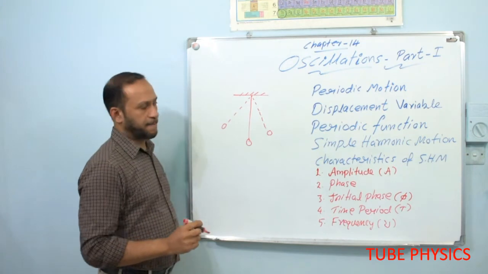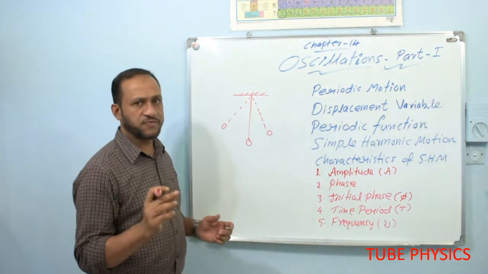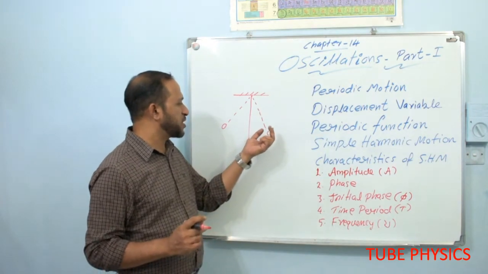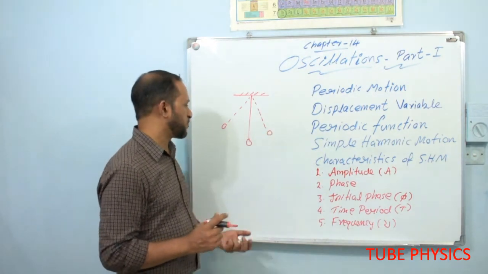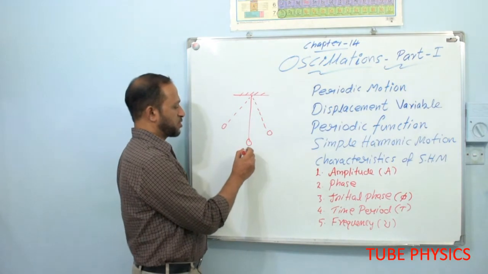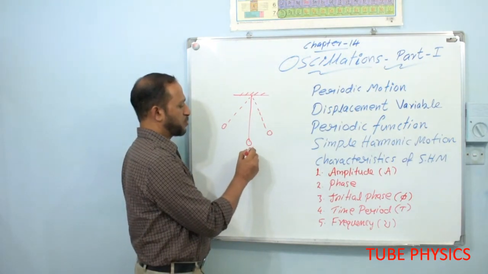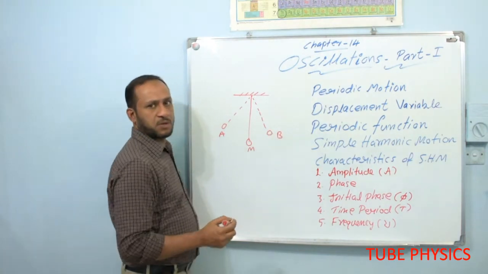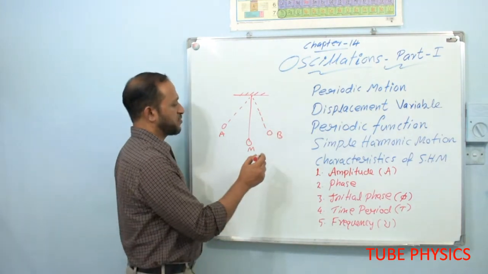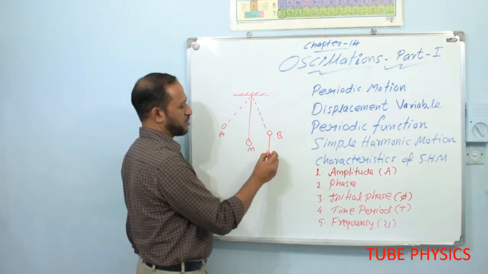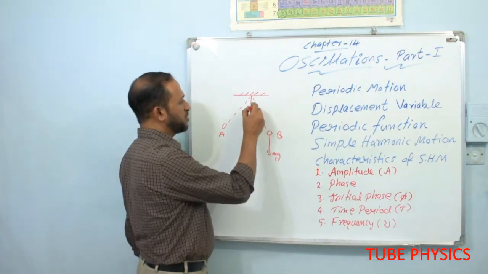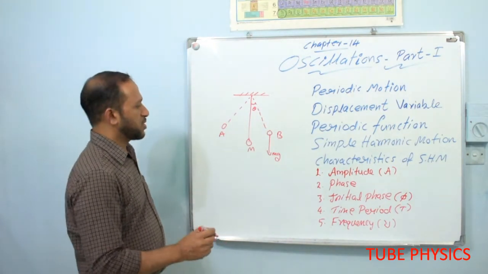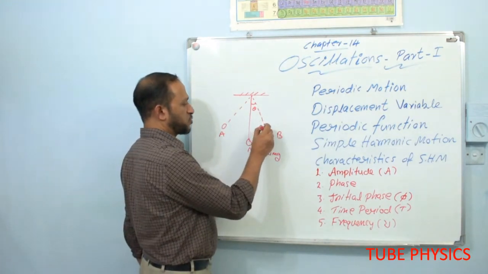In this case, there should be a restoring force which is always bringing the body back to the mean position. This is the undisturbed position of the body, the mean position, and these are the two extreme positions, A and B. For the restoring force, consider the weight of the pendulum, mg acting downward, and if theta is the angular displacement of the pendulum, then the weight mg can be resolved into two components.